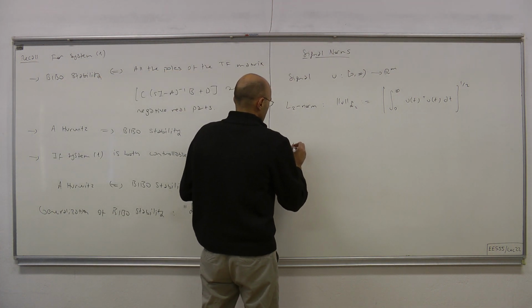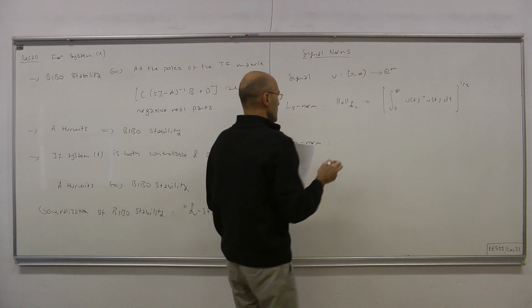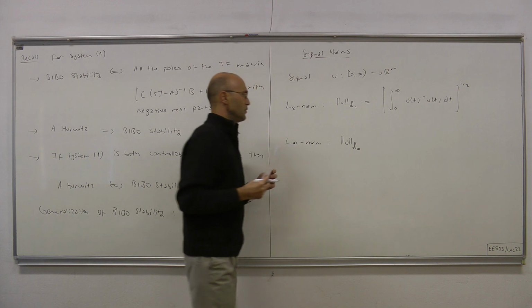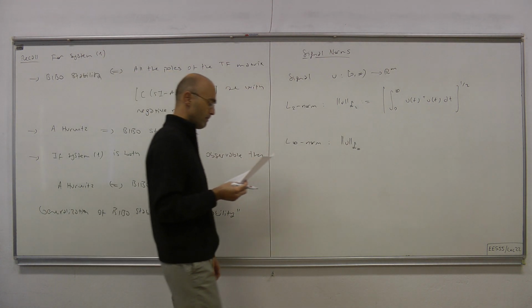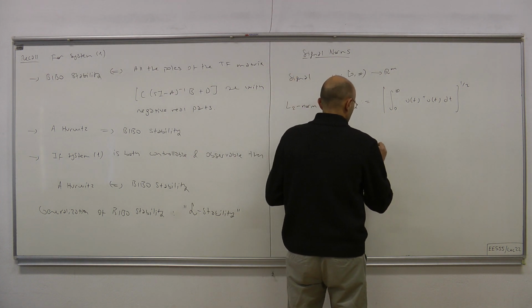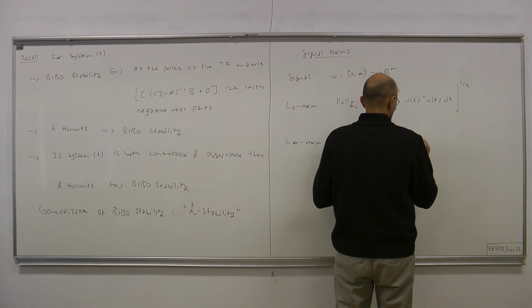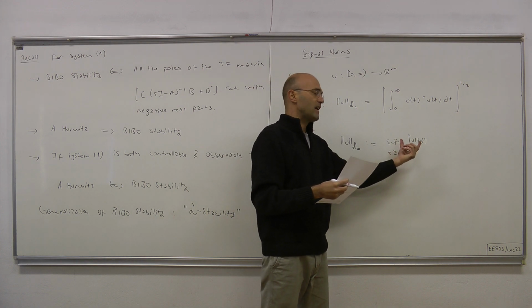And then we have the L infinity norm of a signal, and the notation that we use is the norm notation, and then as a subscript you have L infinity. And we define that as the sup of the norm of u of t. And here this norm is the vector norm.